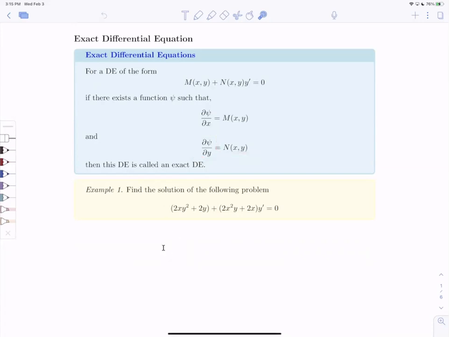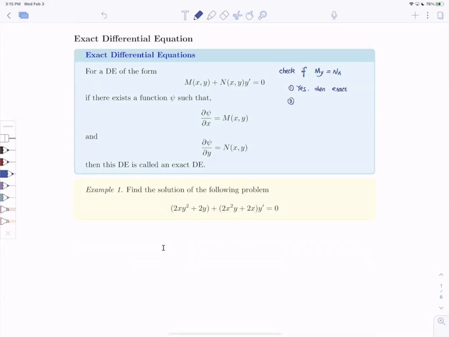So what you need to do to check if something is exact is recognize your M and N, and then check if the partial derivative of M with respect to y equals the partial derivative of N with respect to x. If they are equal, then it's an exact differential equation.